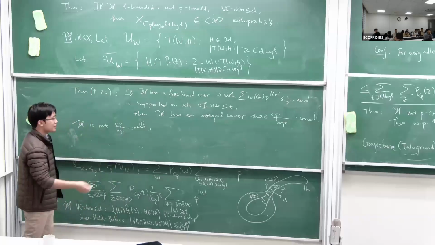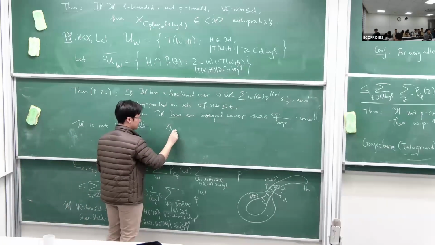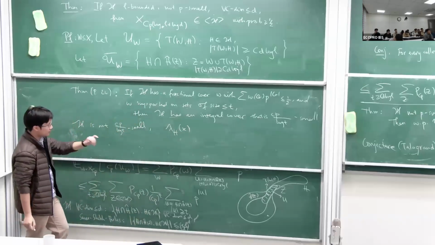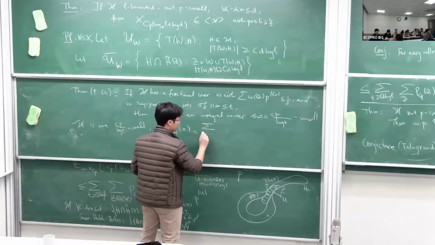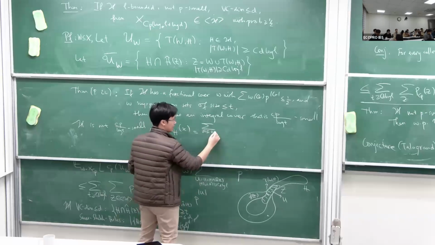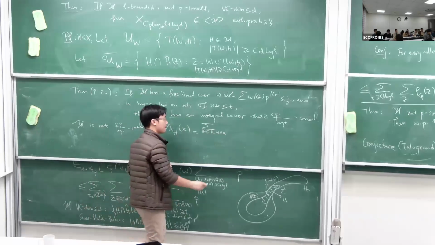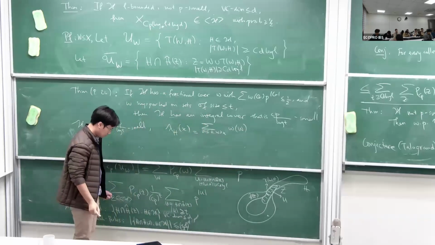But there's a fairly natural notion of weight that you can use here. For instance, you can just take the weight lambda_H of an element x in H to be the sum over all of the sets W fitting inside H that contain this element x, of the fractional weight of W in the fractional cover.